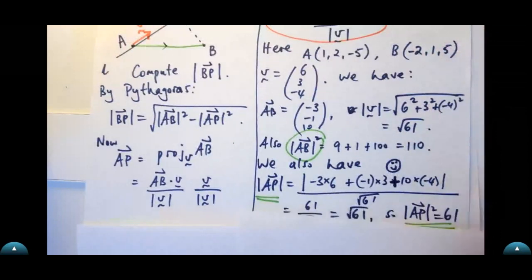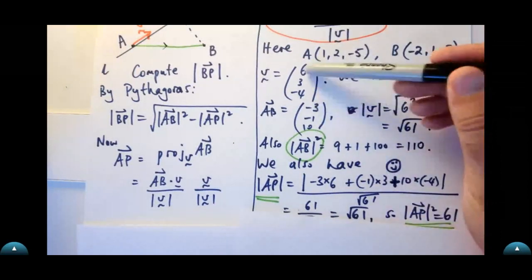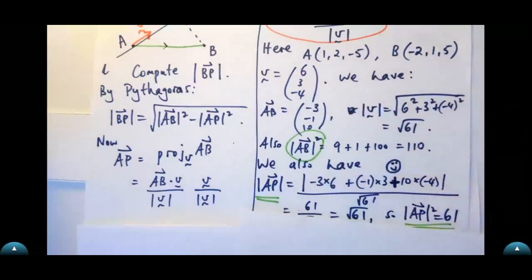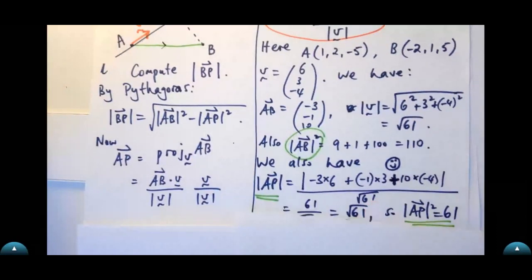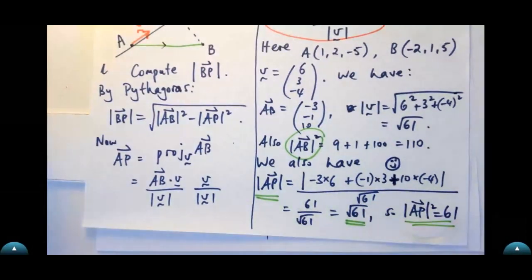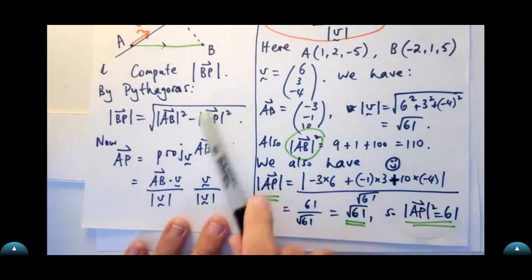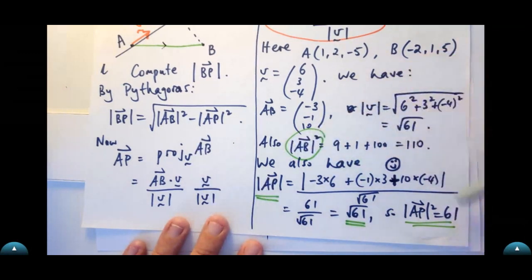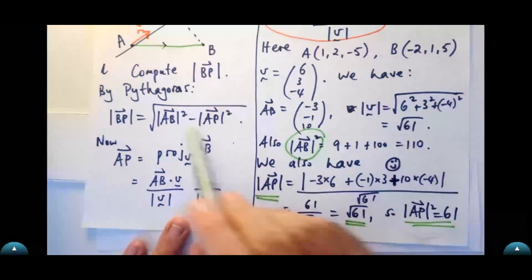The dot product of AB with V is that times that, plus that times that, plus that times that. Because it's a length, we take the absolute value, and you divide by the length of V. So I've got this, and all I need to do is square it. You get 61. So it's going to be that minus that put into there.